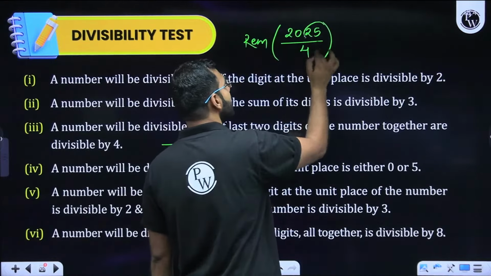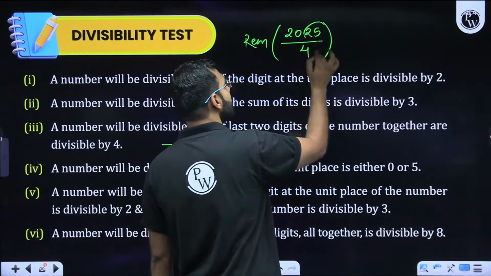Please remember that. When you talk about 5, the unit digit should be 0 or 5. When you talk about composite numbers, for example, if I want to develop a rule for 24, I wish to check whether 24 divides a number or not. First of all, try and write 24 as a product of co-prime numbers. I know 24 can be written as 3 into 8.